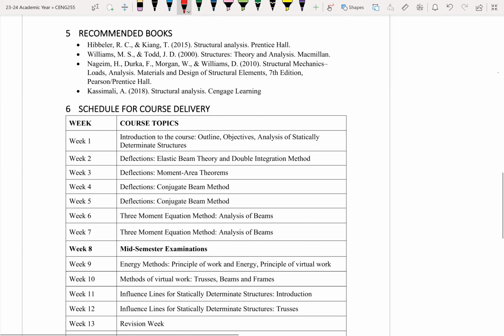So for the books that we'll be using for this particular course, I think I have about how many? Four of them. There are so many out there. So these are just the ones that I usually go through. The most common is the Hibbeler structural analysis, which should be the most recommended text.